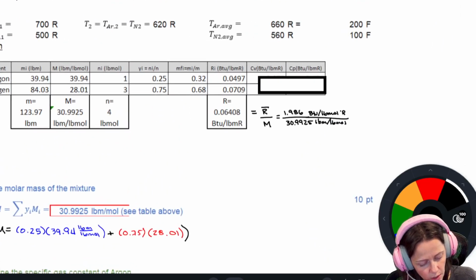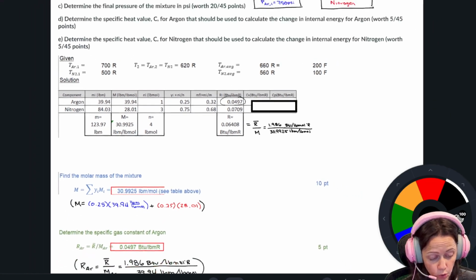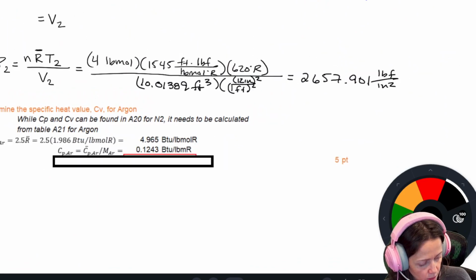So this R for argon would be 0.0497, right?